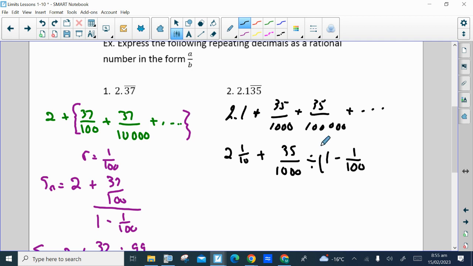Because there are 2 digits repeating, each denominator will have 2 more zeros than the previous one, and you get that by multiplying by 1 over 100. So 2 1/10 would be 21 over 10 plus, this will be 35 over 1,000 divided by, this one would be 100 over 100 minus 1 over 100, which is 99 over 100.